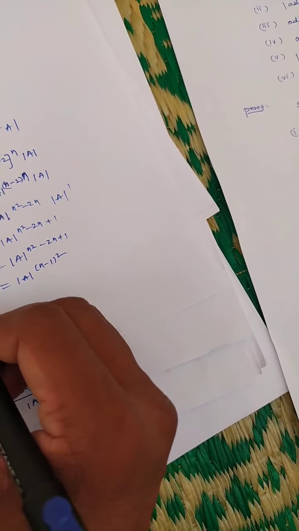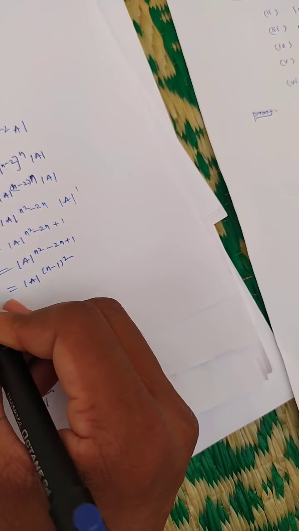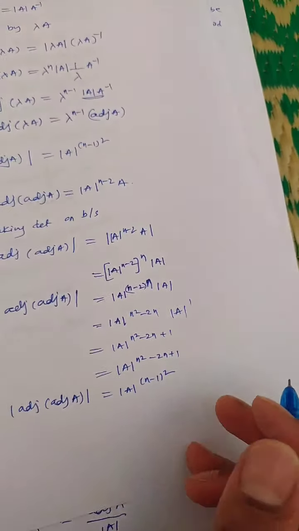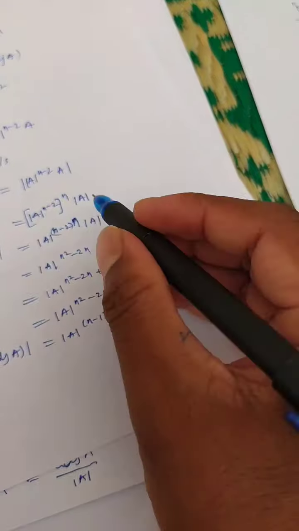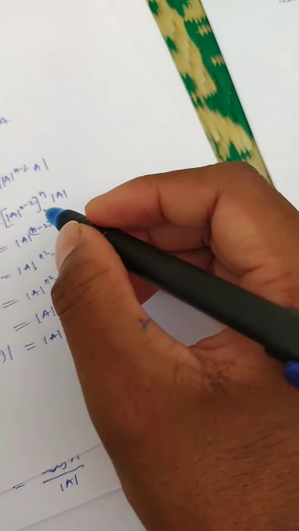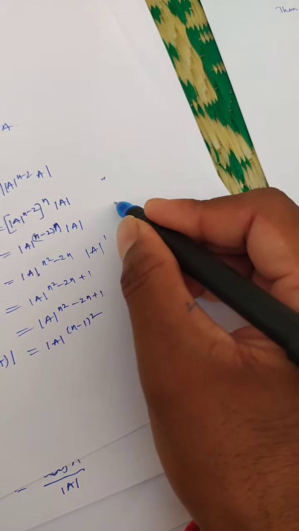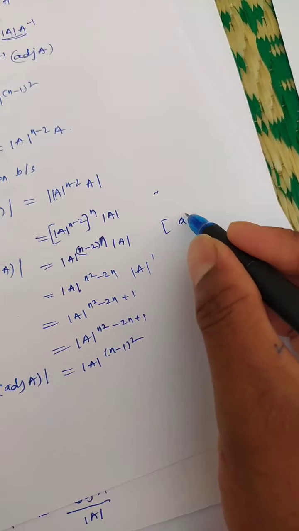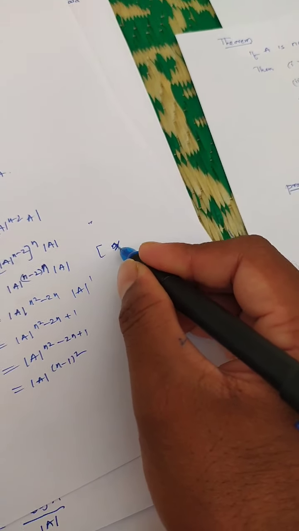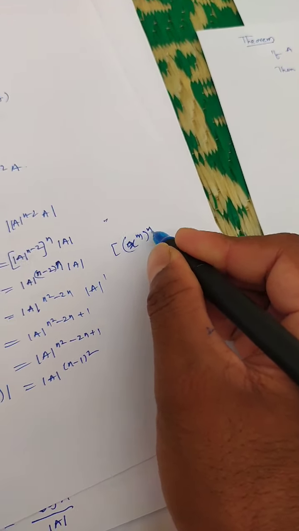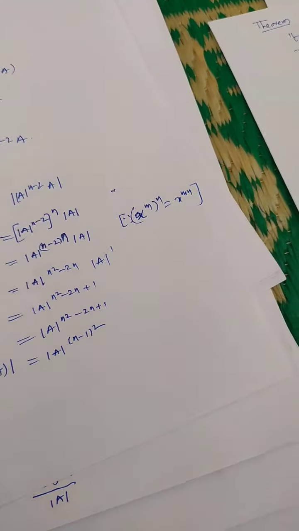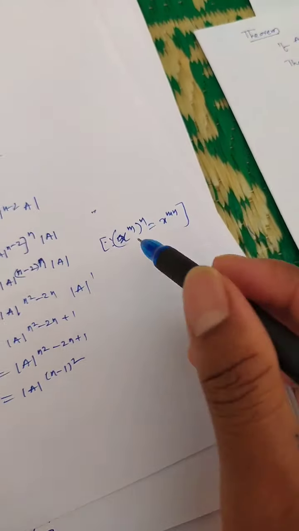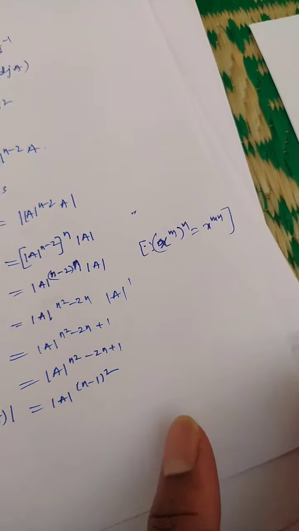So det of adjoint of adjoint A is equal to det A whole power n minus 1 whole square. This is the fifth one's proof. Here I used x power m whole power n is equal to x power mn, the exponent form.